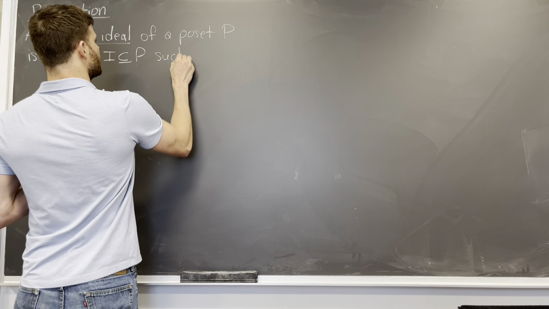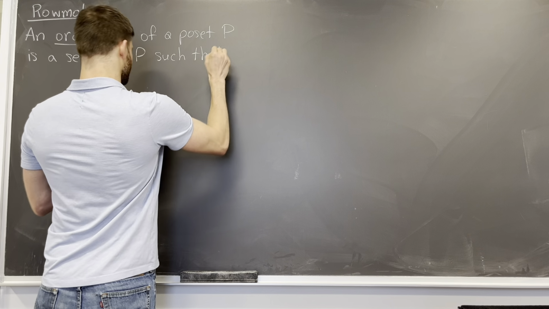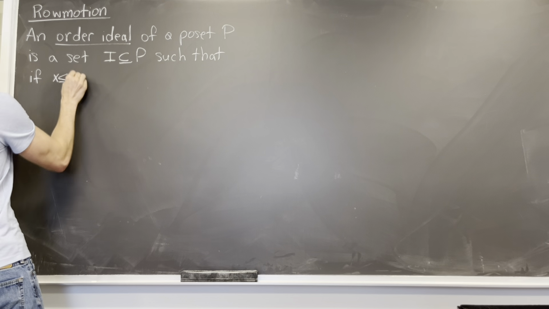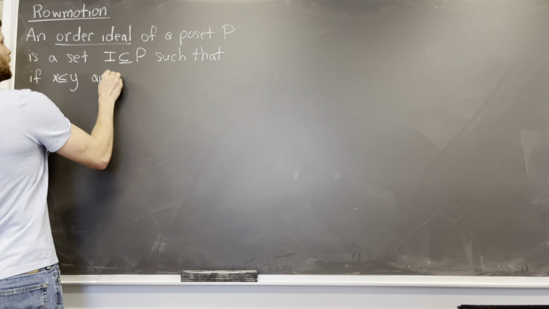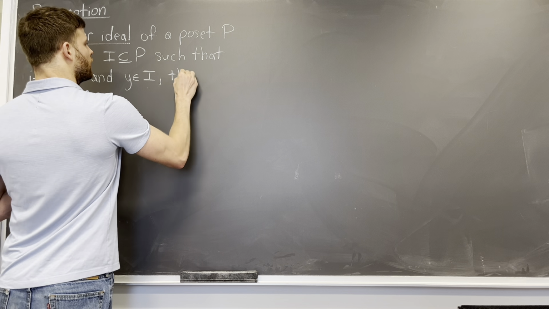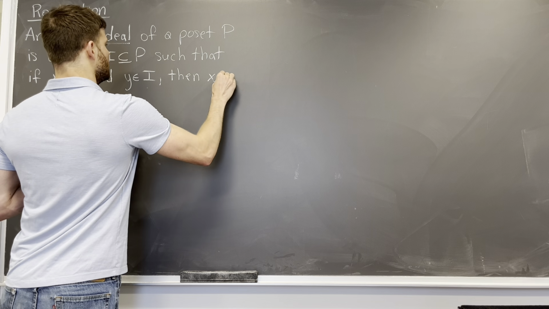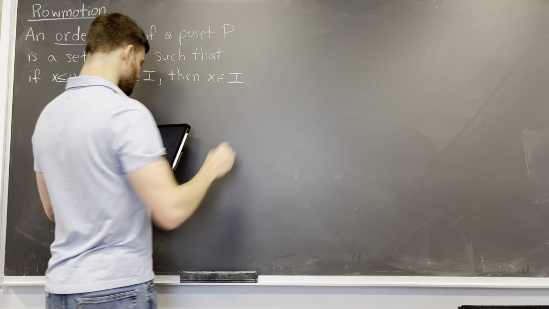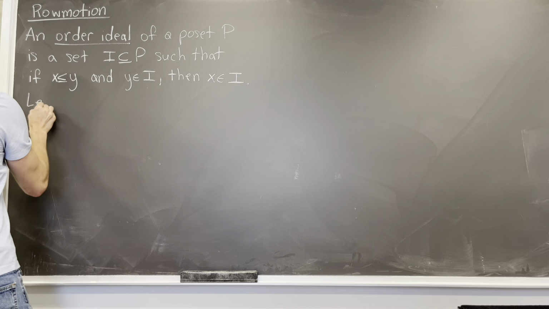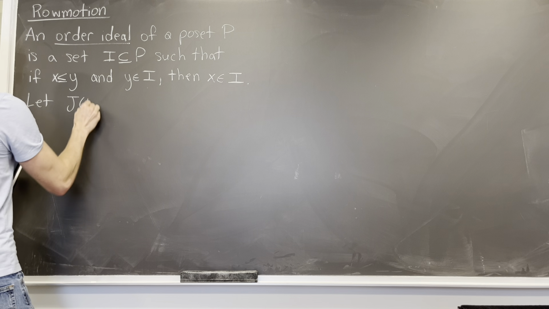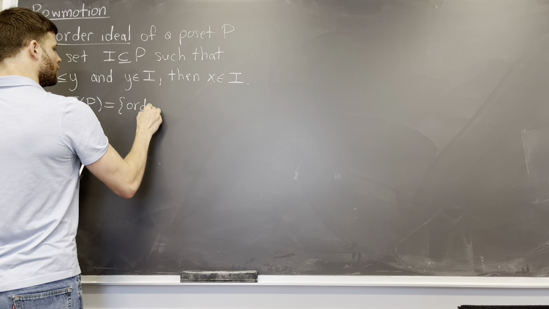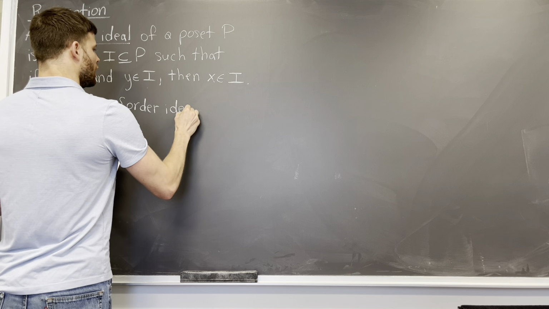So formally I would say such that if x is less than or equal to y in the poset, and y is an element of the order ideal, then that forces x to also be in the order ideal. Okay? And I'll let J of P be the set of order ideals of P.